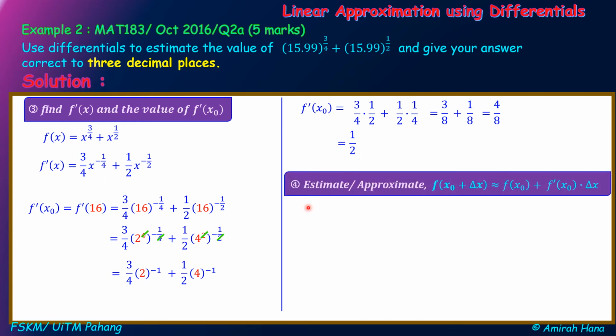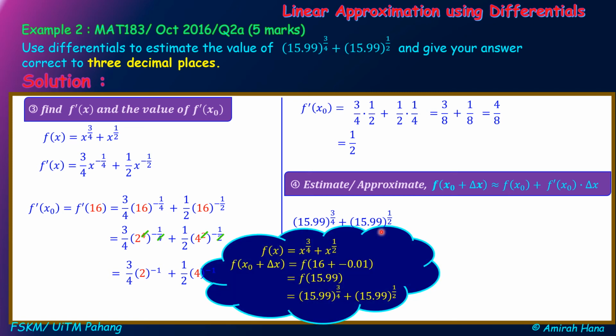And then the final step, estimate or approximate using the formula f of x naught plus delta x approximately equals f of x naught plus f prime x naught times delta x. So this is the given question. Before that, the given question actually means the left hand side of the formula, which is f of x naught plus delta x.